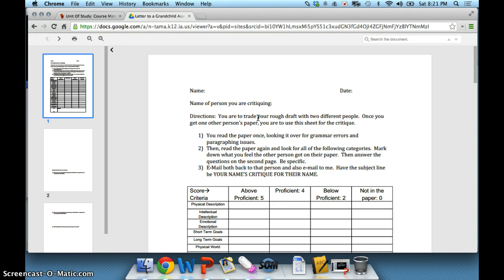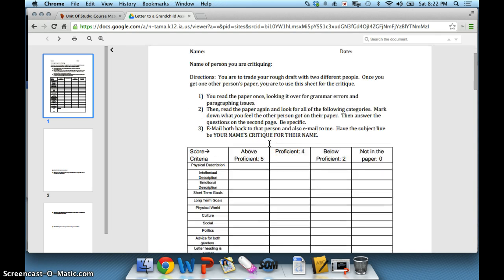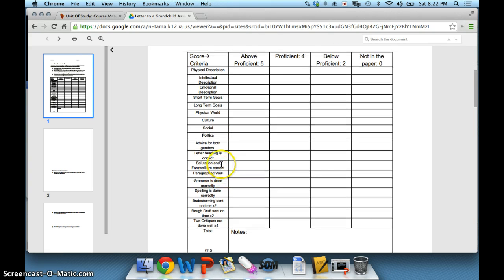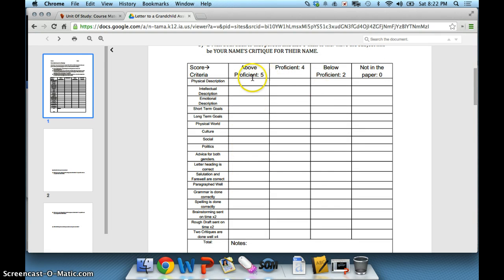The second time, you're going to go through all of these on the rubric, and mark down what you think each one is for that person. You don't have to write anything in these; you could just do a little X. If it's below proficient or not in the paper, you should probably write something on what they can add to make it better.